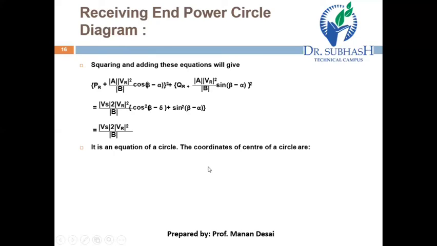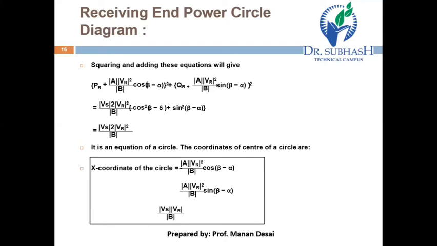So now we confirmed our coordinates are AVR square upon B cos(beta minus alpha), AVR square upon B sin(beta minus alpha), and VS VR upon B, which are our x coordinate, y coordinate, and radius of the circle respectively.